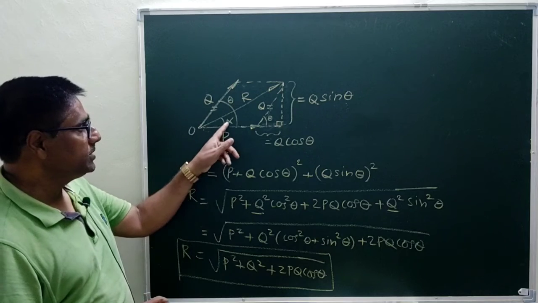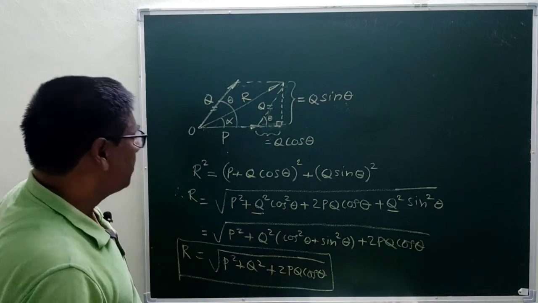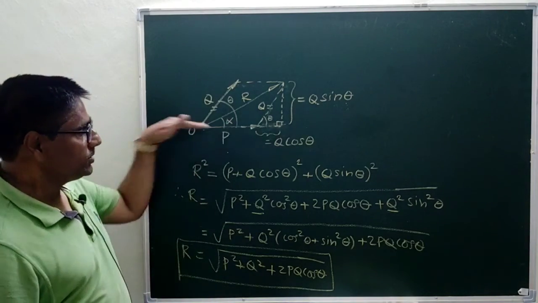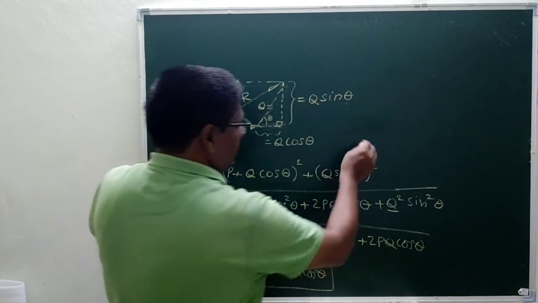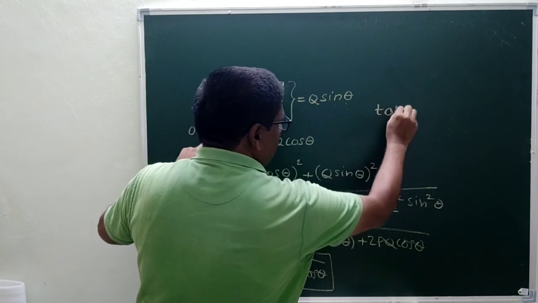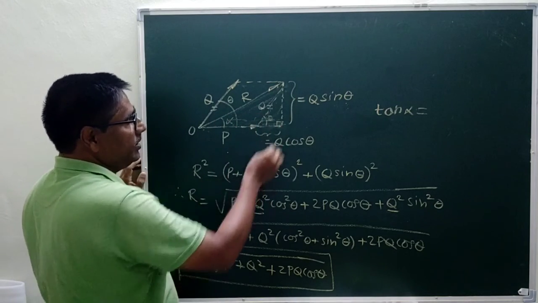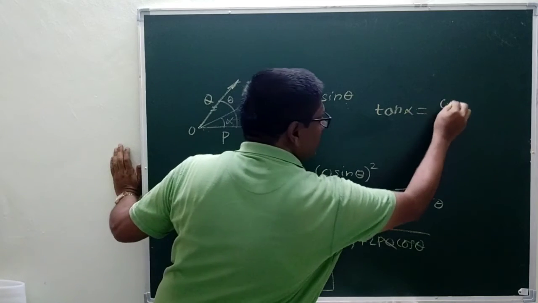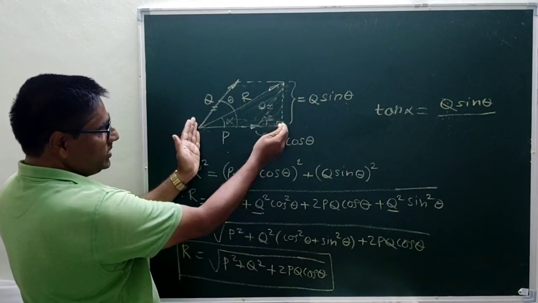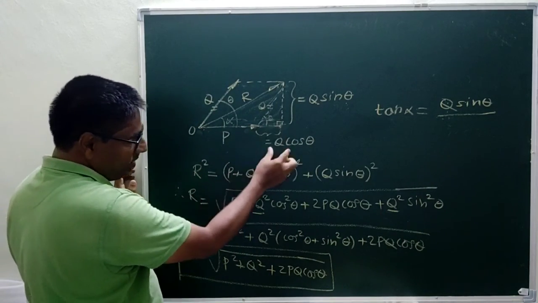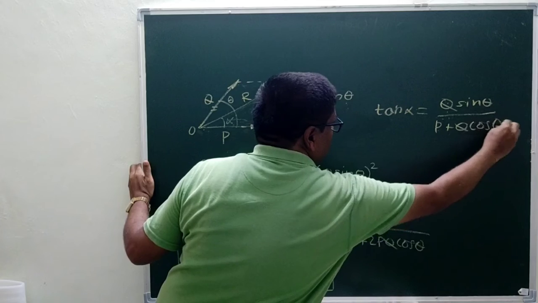Then what about its direction? Means we are interested in finding this angle alpha. Direction means finding angle of resultant with reference to this x-axis. See, if we take tan alpha value, tan alpha for this bigger right angled triangle, this opposite side is Q sin theta upon this total base P plus Q cos theta.